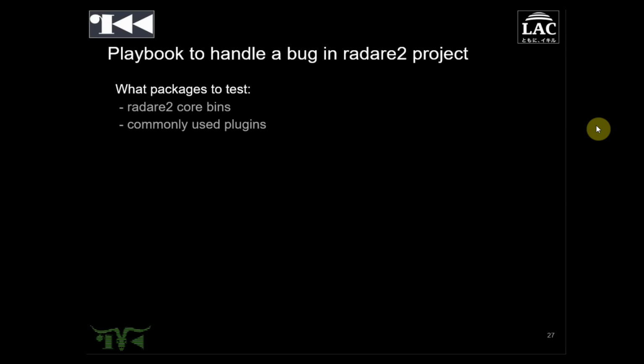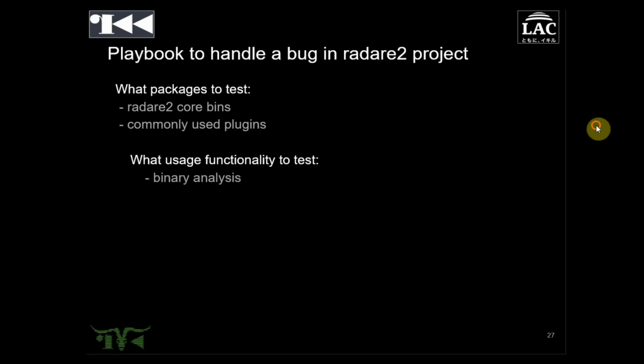What I mean here is a plugin that is being managed with r2pm, and then you have to know what functionality to test that is most commonly used by the users.